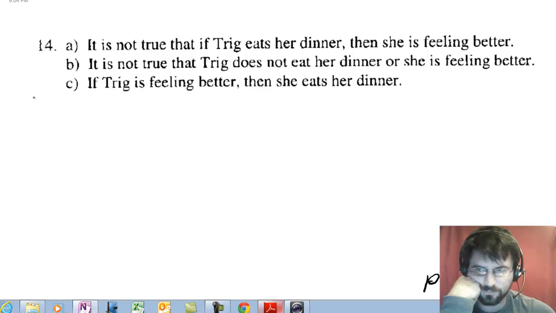14. Statement A: if Trig eats her dinner, then she is feeling better. So it looks like there are only 2 simple statements here.